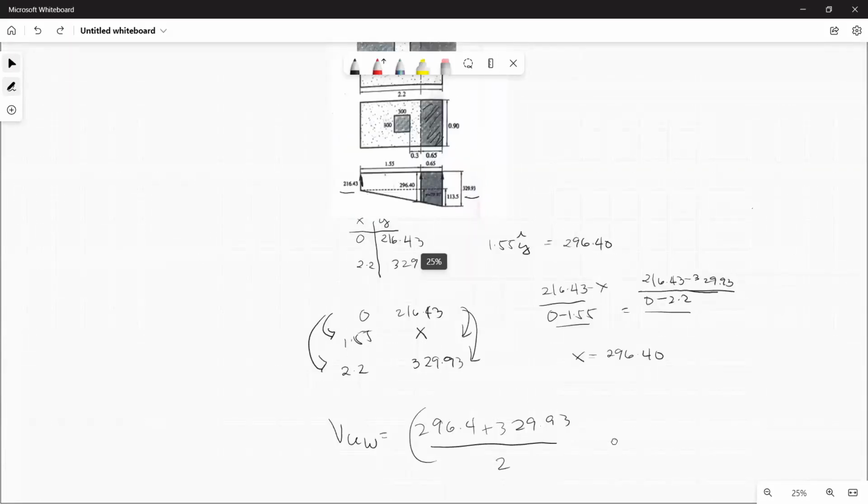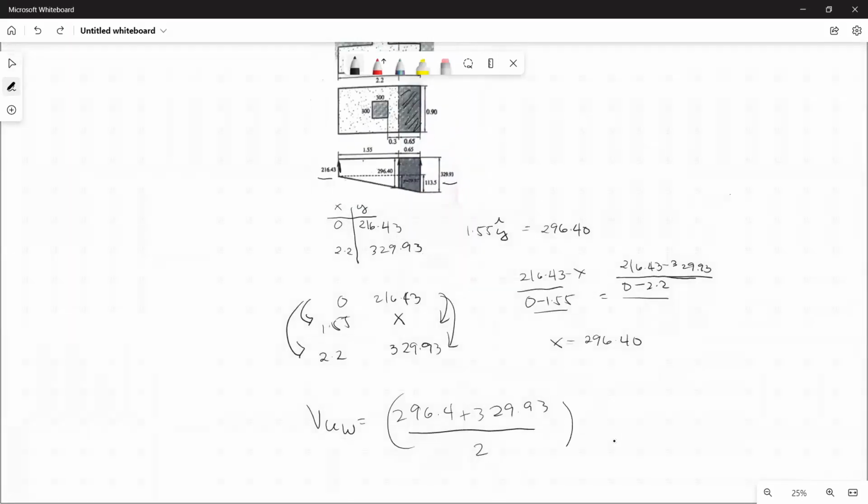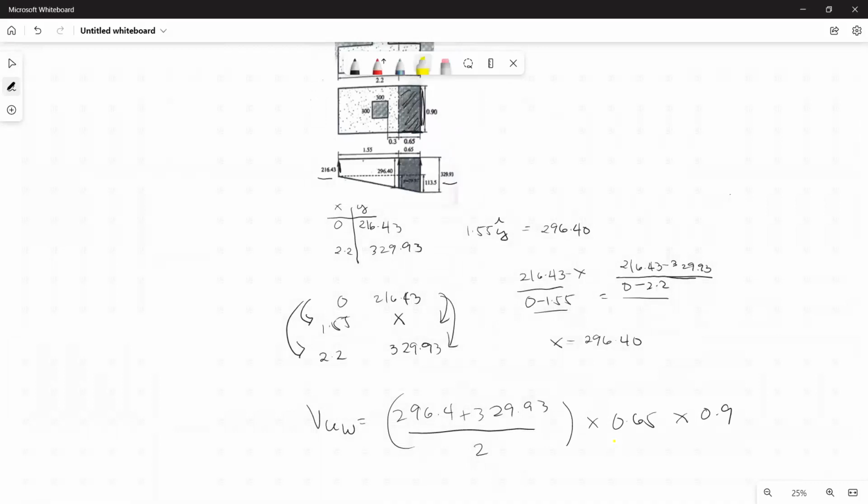So yan yung mid height natin. Multiplied mo by the distance 0.65. Okay. So you get your area multiplied by the length 0.9. Okay. So ito and ito, this one and this one.